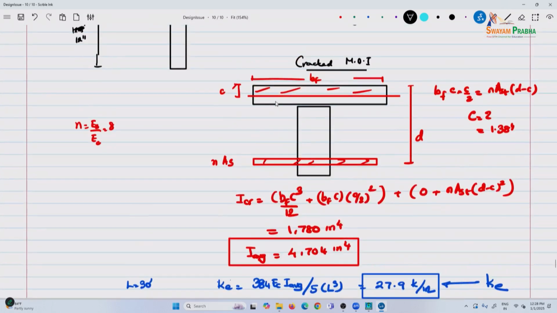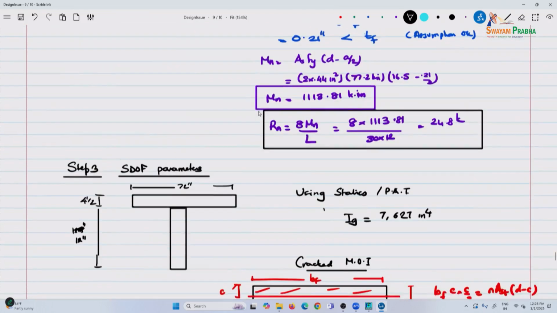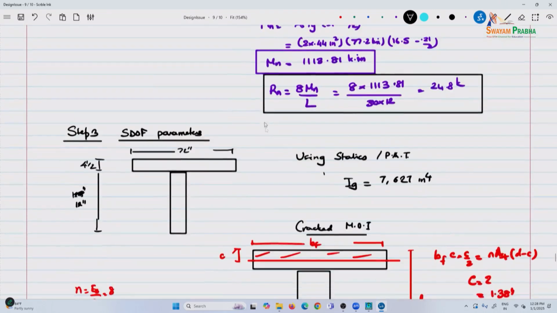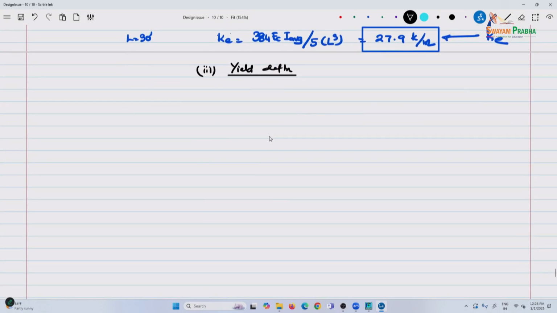Wait, have we calculated the capacity yet? We did calculate RM, right? Yeah, RM is 24.8 kips. Okay. So the yield deflection delta static is RM by KE. So 24.8 kips divided by 27.9, which is 0.89 inches.